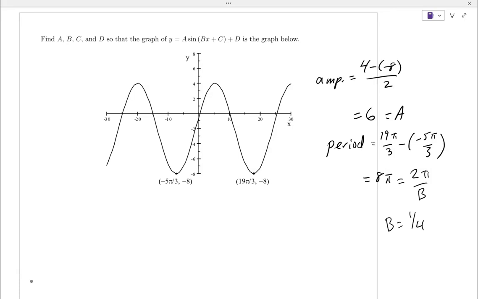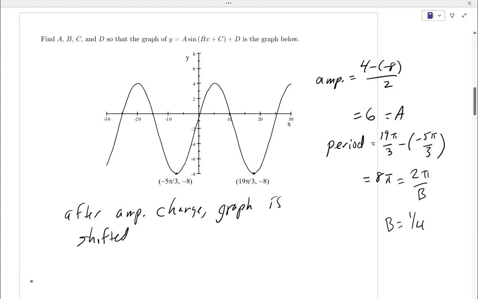Okay? So notice I have to think about what the amplitude change is and then the vertical shift. So you have to consider the amplitude first. So after the amplitude change, the graph is shifted down 2.